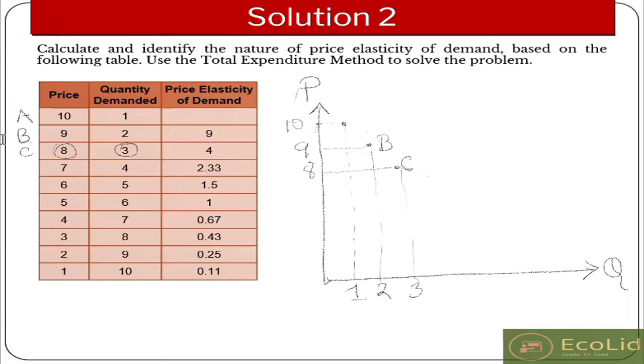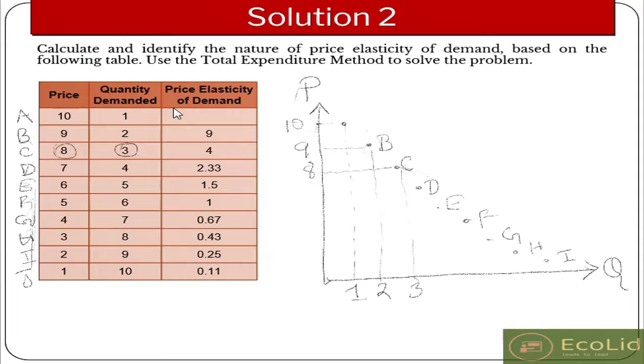So like that, if I just name these points, this is C, this is D, E, F, G, H, I, and finally J. So A, B, C, D, E, F, G, H, and I.